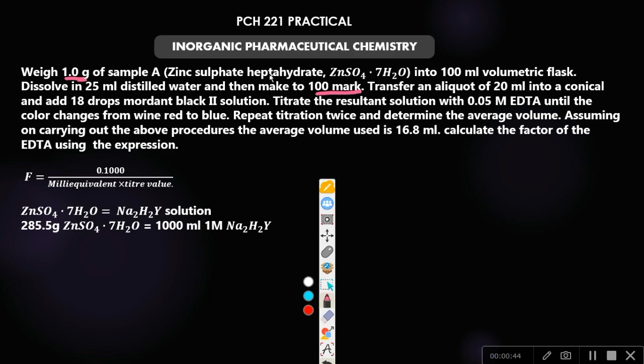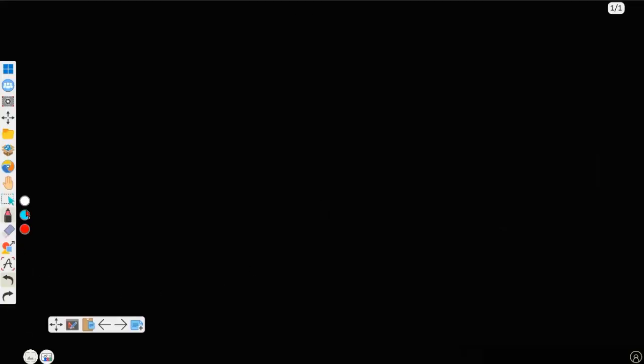Forget about this one. The total amount of water at the end of the day is 100 ml, which is the 100 ml mark. So we are going to come here and say this is so much.